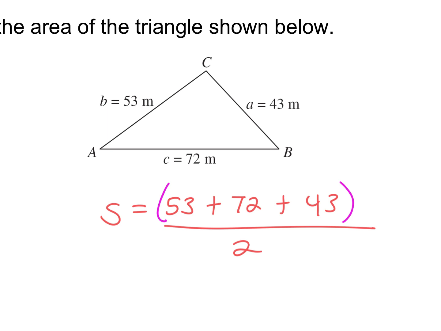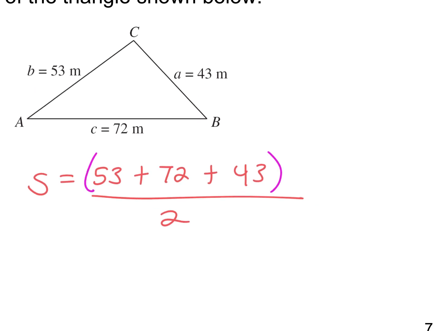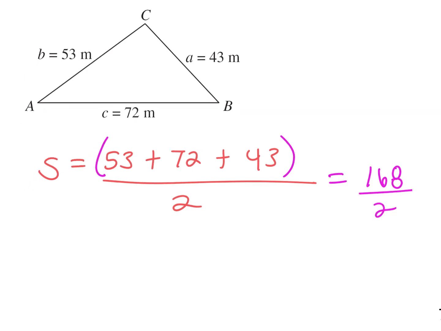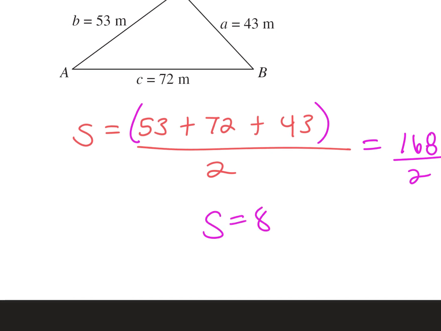If you just put it in 53 plus 72 plus 43 and then hit divided by 2, what your calculator will do is divide 43 by 2 and then add the other stuff to it. So if I were you, just to make sure we don't make any mistakes, I would say the numerator, 53 plus 72 plus 43 equals 168, and then divide that by 2. What's 168 divided by 2? 84. So S equals 84.